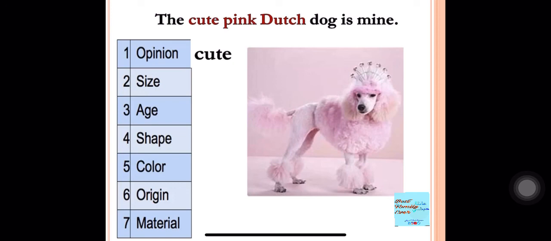No. Color? Yes. Pink. Right? And then origin, Dutch. It means that it's from Holland. Alright? So, the cute pink Dutch dog is mine. So, I wrote my opinion and then the color and the origin.